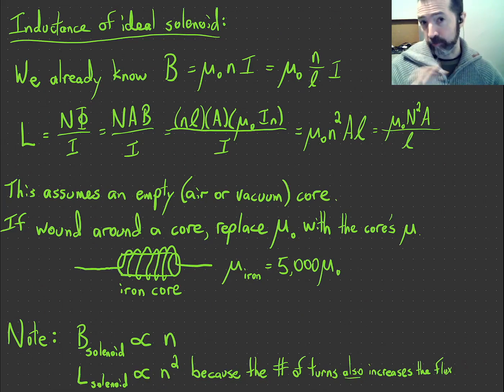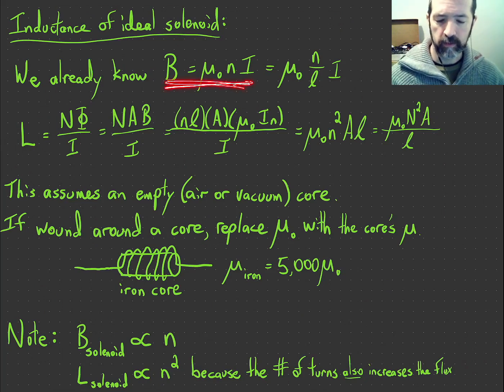Okay, so I gave you a functional definition. L is N phi over I, or just phi over I. So let's talk about a specific object. Let's go with an ideal solenoid. The ideal solenoid formula is pretty easy. This is the magnetic field produced. It's in terms of your magnetic permeability mu naught, the density of the coils or turns, and the amount of current that's flowing through it.